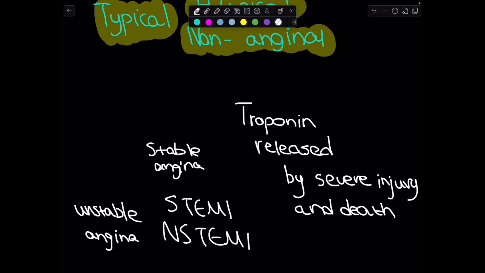In contrast, STEMI and NSTEMI involve prolonged ischemia leading to cell injury or necrosis, releasing troponin, making it a key marker to distinguish unstable angina from myocardial infarction. Want to explore troponin testing or dive into other ACS diagnostics? I don't get the reasoning, to be honest.